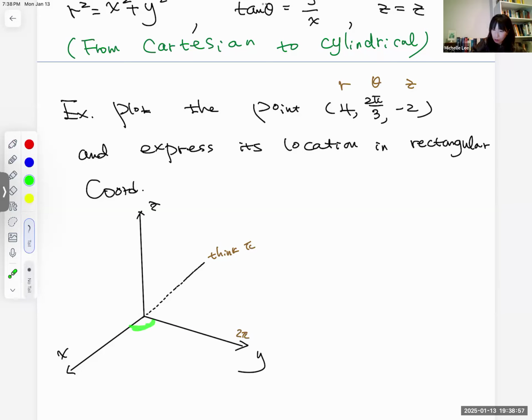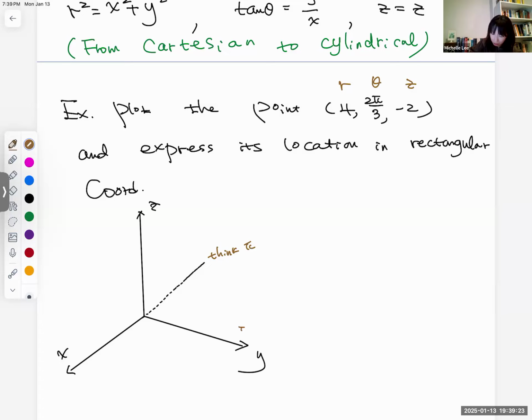Okay, and then we want to express 2 pi over 3, which is before pi, right? So actually, pi over 2. Did I say 2 pi? Oh, so bad, good thing I caught that.